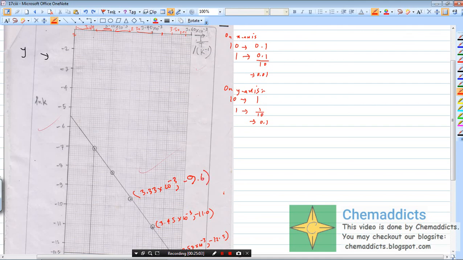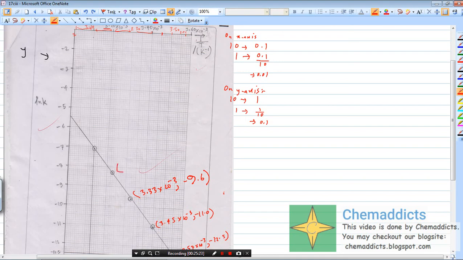The point is over here, as we can see. Okay, and 3.33 is somewhere over here. This is 3.30. We will move 3 boxes right and down to here. So here it is. Okay, this is how we're gonna do.